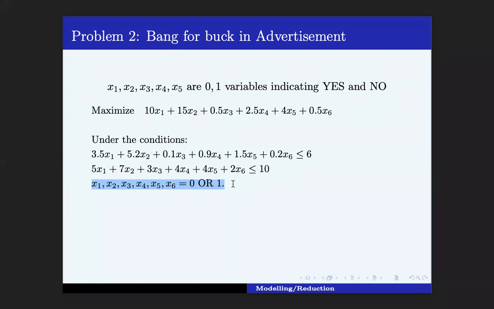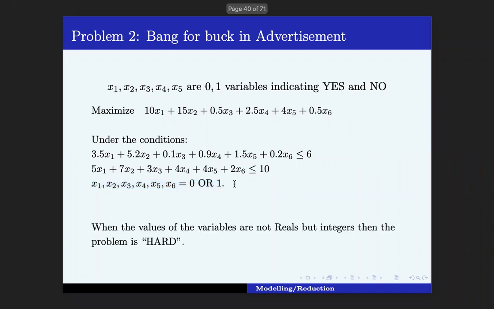They are only allowed to take the values 0 and 1. And surprisingly, as soon as you force the variables to be integers, this problem becomes a hard problem. It doesn't have a quick solution. It doesn't have a polytime solution.